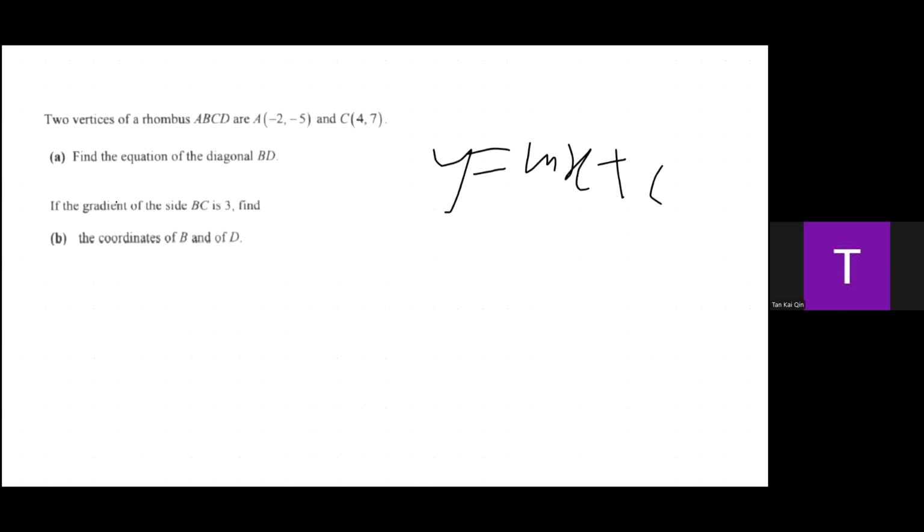Now to find the values of the gradient, which is m, and also c, we can implement the coordinates of the midpoint 1 and 1, and also the point 4 and 7. So 7 equals 4m plus c, and 1 equals m plus c.